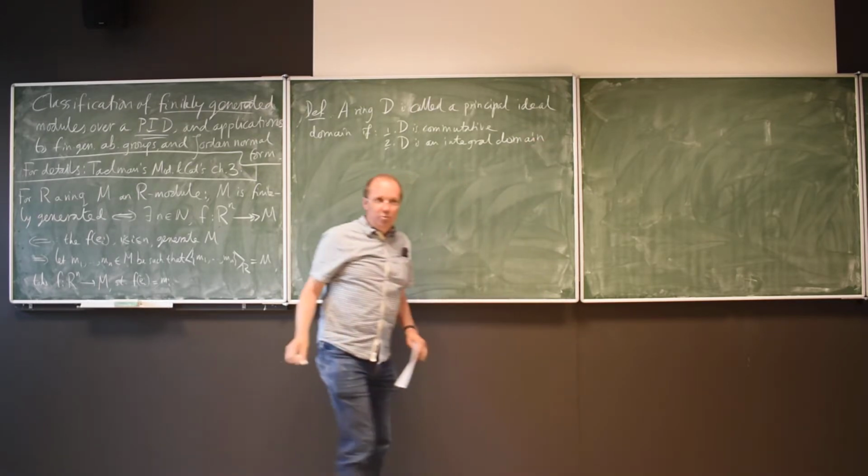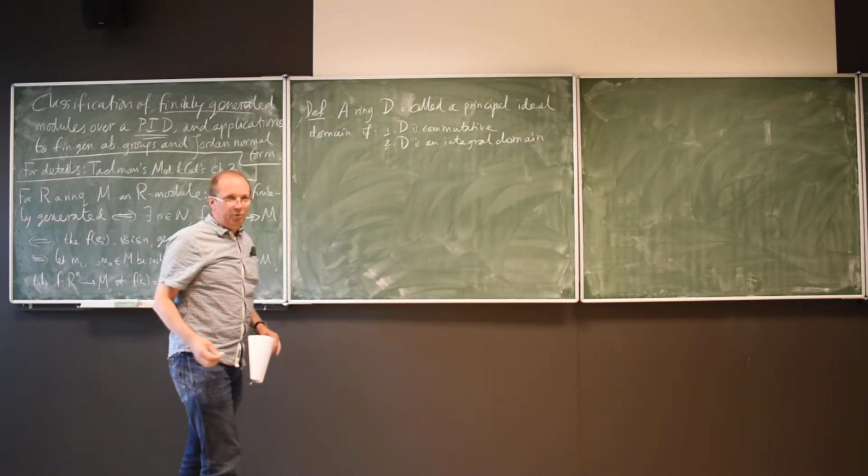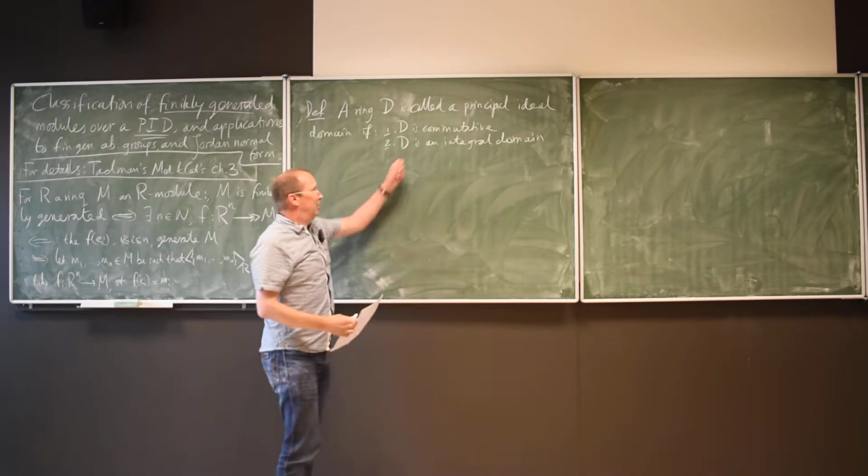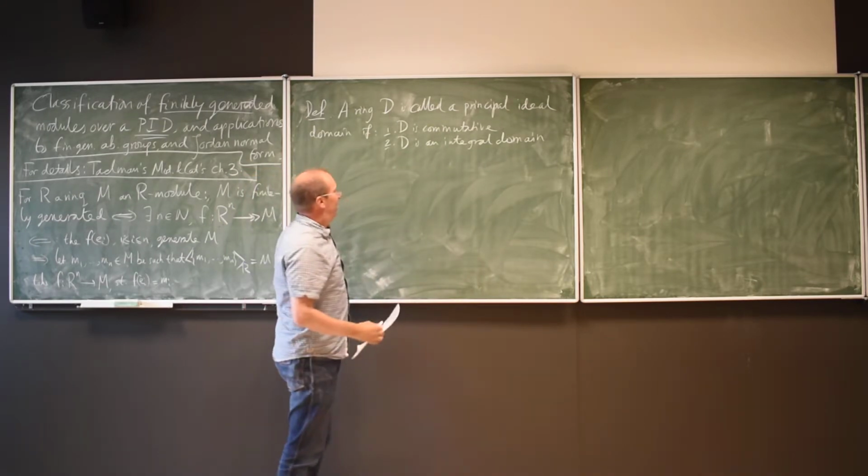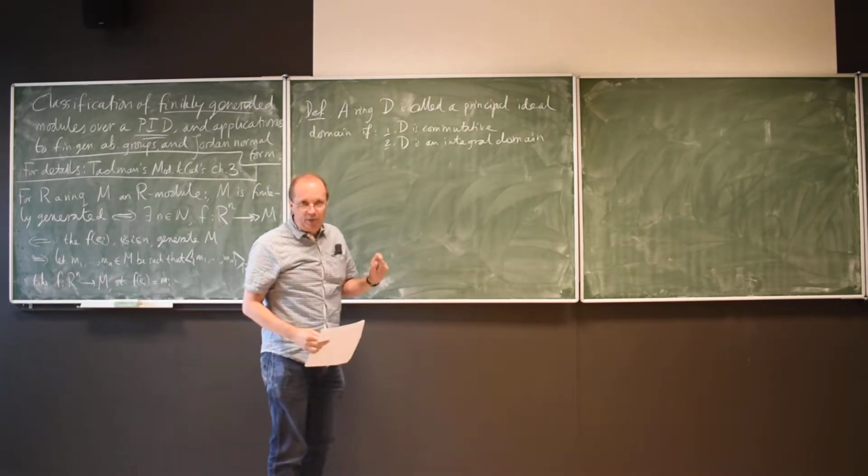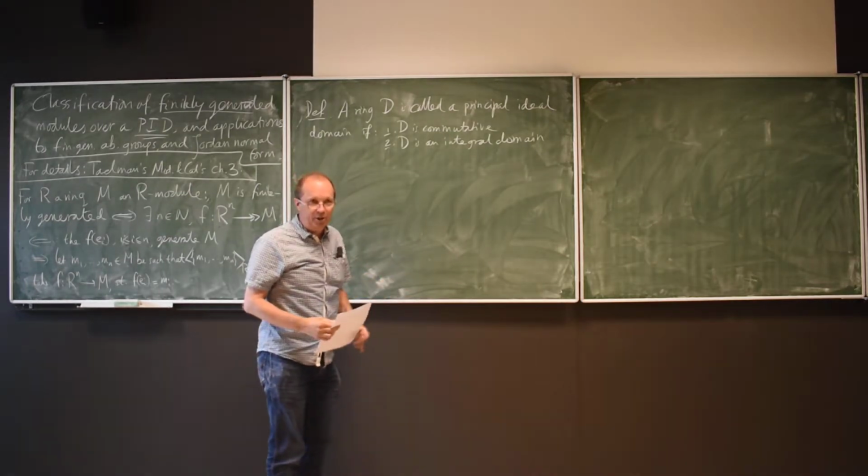And let me remind you what that is. This means that D is not the zero ring, so the element 1 in D is not equal to 0. And moreover, if a product of two elements is 0, then at least one of them is 0.